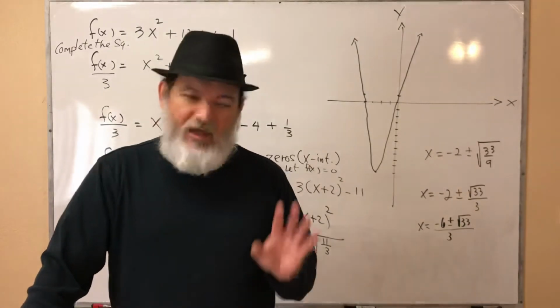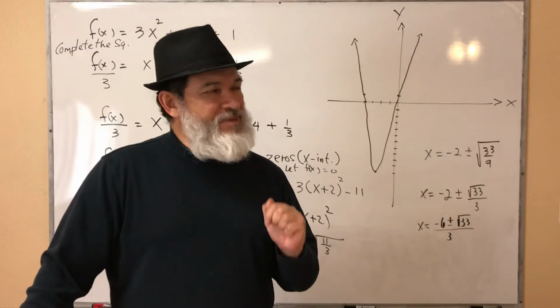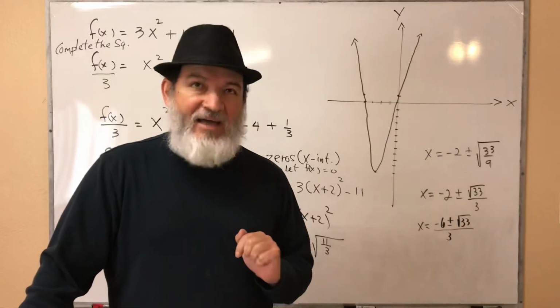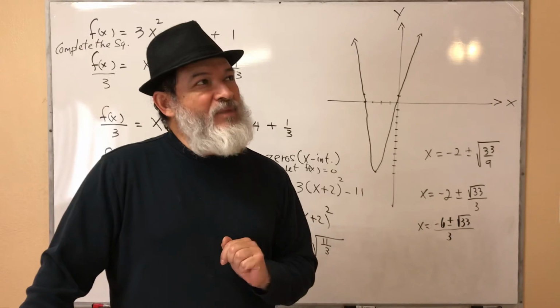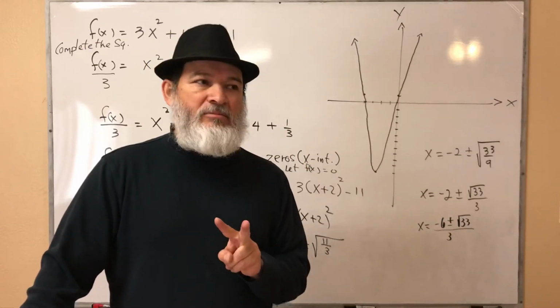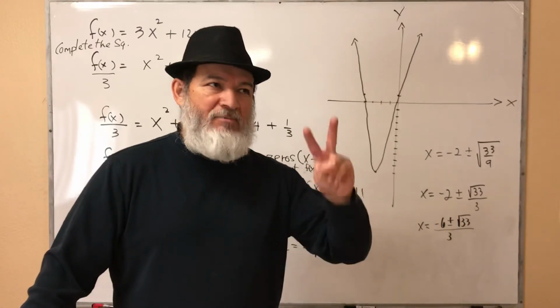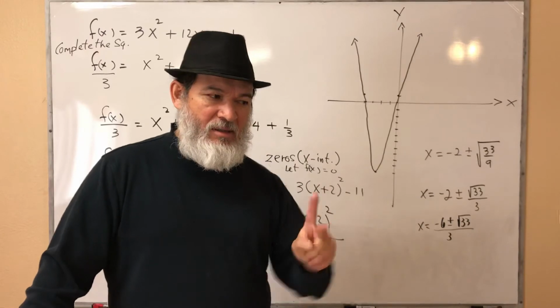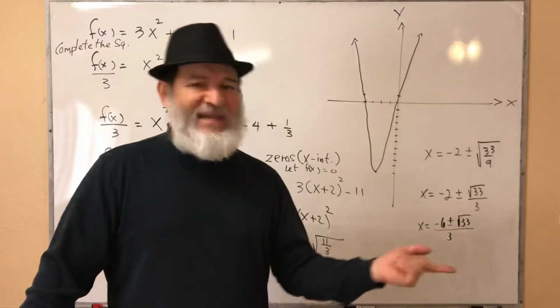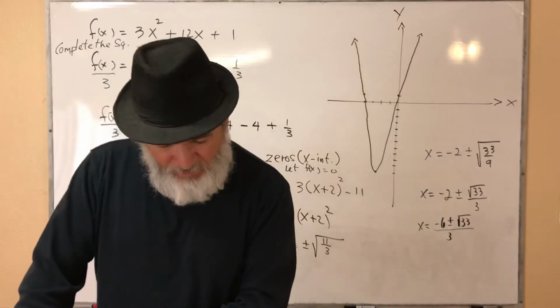Okay, so don't forget, every time you get a complex zero, it means that they'll come in pairs. Complex zeros come in pairs. The complex number and its conjugate. Okay? Here's an example.